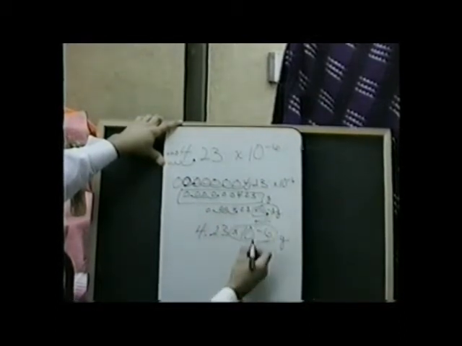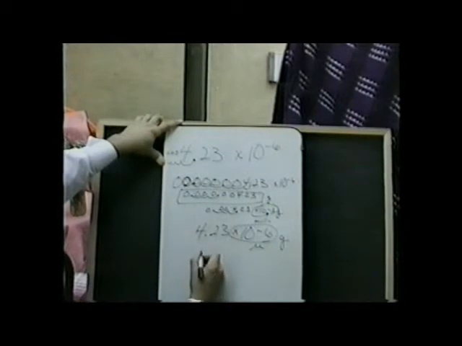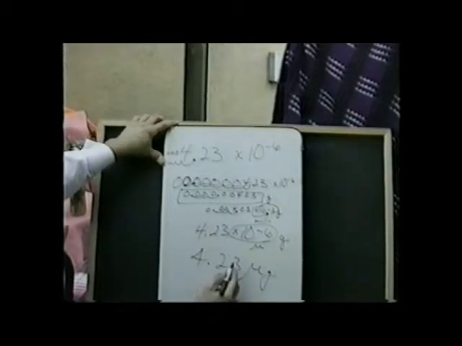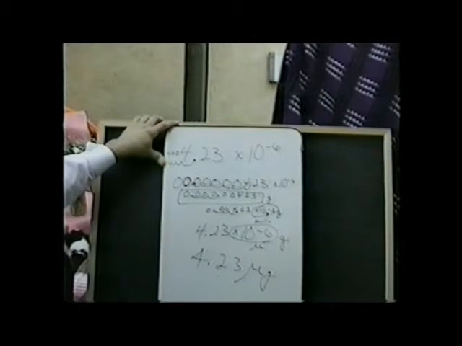Another minus 3 is mu, called micrograms. So an easier way to write this is 4.23 micrograms. So if we see this, we need to be able to work backwards with the exponent. That's why it's so important to write these zeros in and count, like going back to kindergarten. Move it, draw your arrows, and you'll never make the mistake.